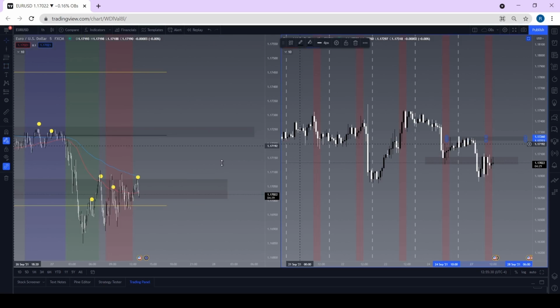So all we would be looking for is dots appearing in that area, and you would be targeting your previous structure low or high. Say you got the dots right here, you would be targeting the lows, and that's how the system would basically work.